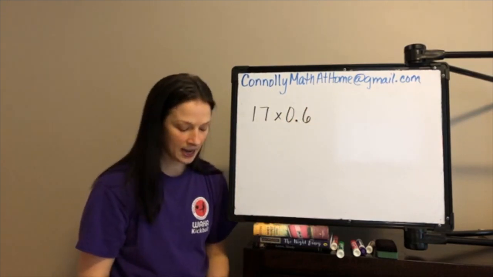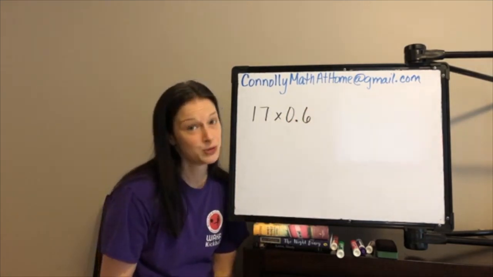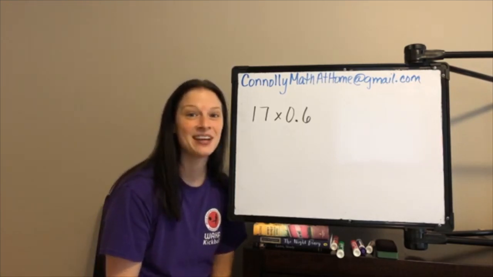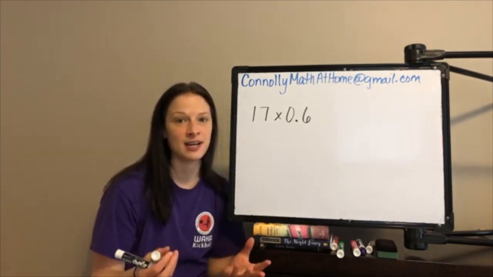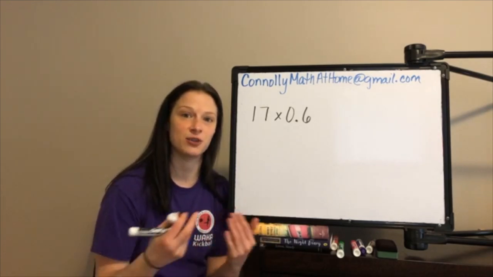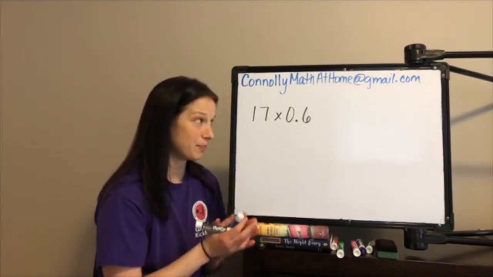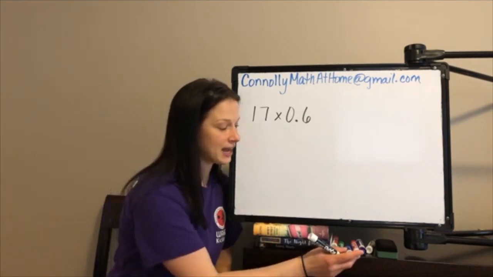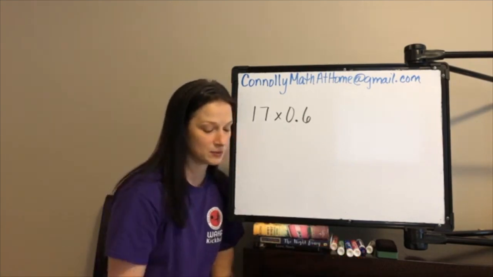Okay? And I do not want you to add 6/10ths 17 times. Please don't do that. I wanted you to see the connection that multiplication is still repeated addition, but we're going to go over what really needs to happen when we're multiplying with decimals.